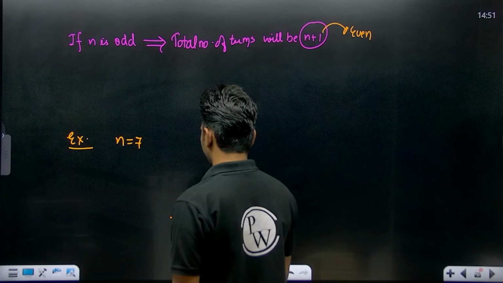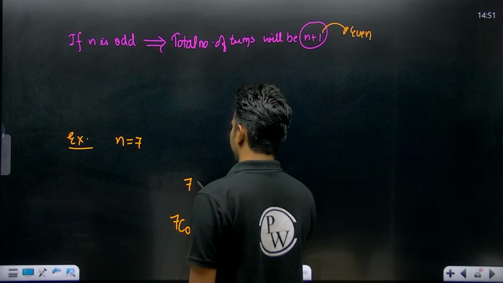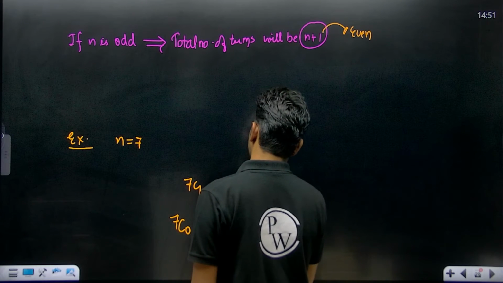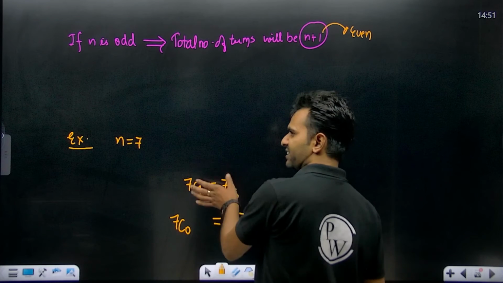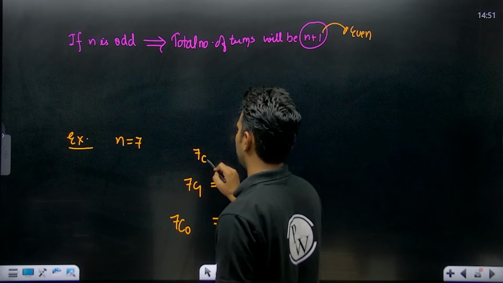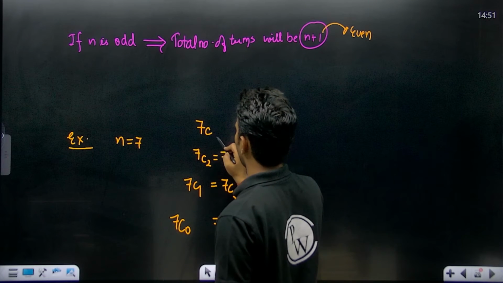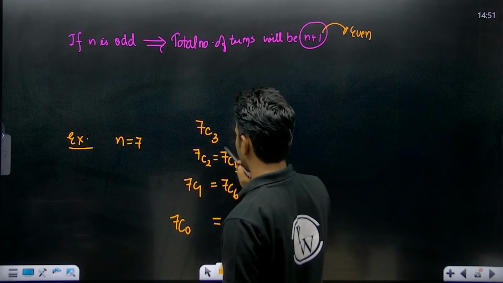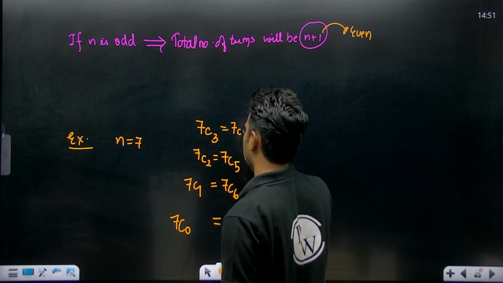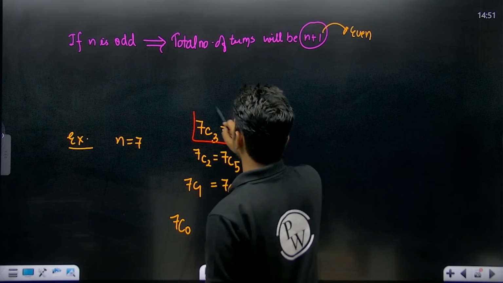So we are going to write down first 7C0 and 7C7, they are both equal. Then 7C1 and 7C6 will be equal but greater than this. That's why I'm writing it like this, so that your mind can pick up the design. This is 7C5. Then these two are equal, 7C3 and 7C4. Any other term will come? No, sir.